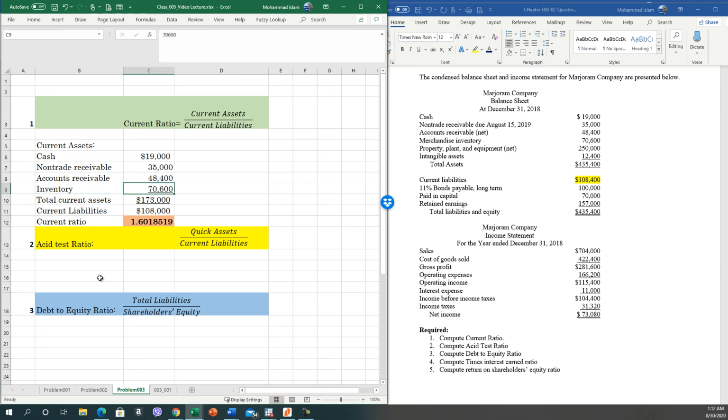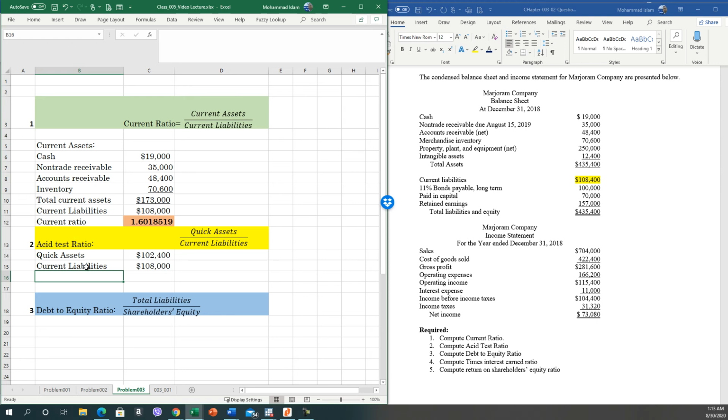So we can easily say quick assets is equal to, what is that? Meaning cash plus non-trade receivables plus accounts receivable, these three. Okay, this is the total quick assets, and we already have current liabilities, and that is 108,000.